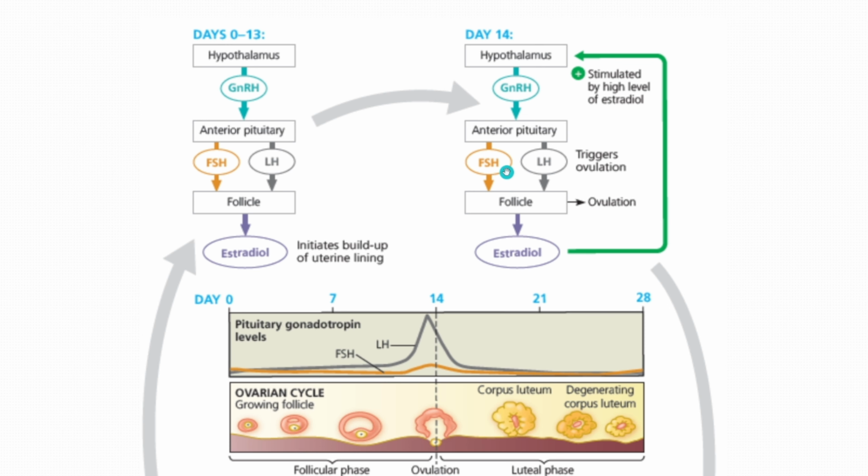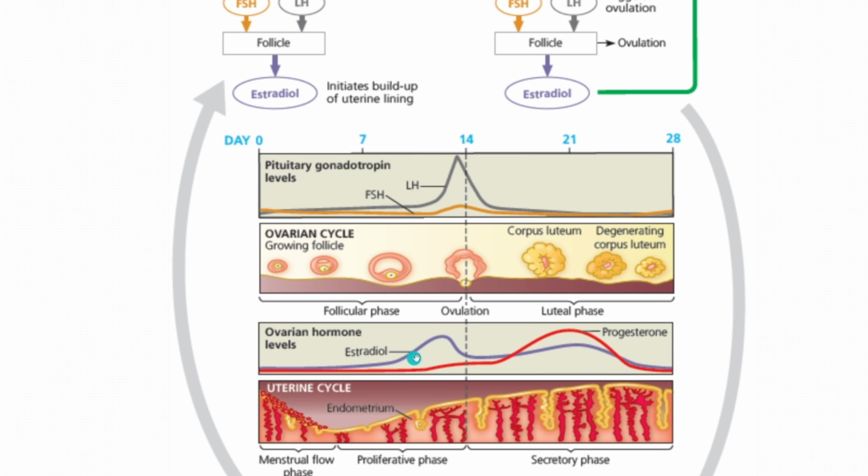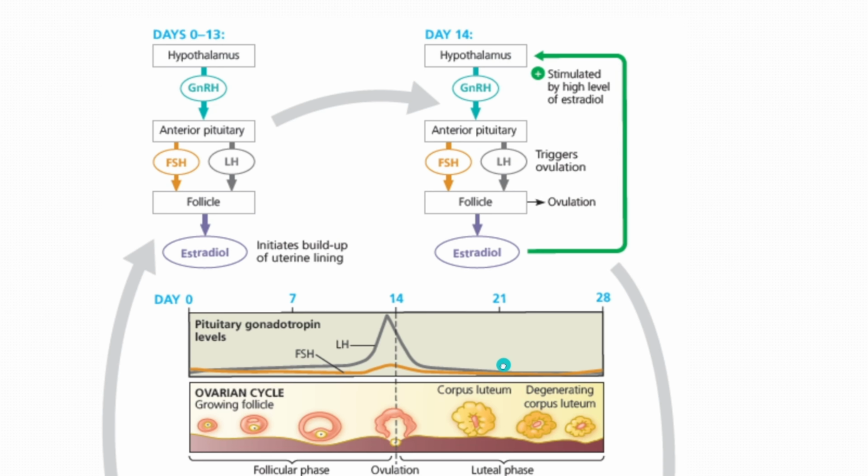So after the first 13 days, during the 14th day here, ovulation already occurs. When ovulation occurs, your estrogen level is already very high. So once your estrogen is already high, it can stimulate your hypothalamus to secrete more and more FSH and LH.